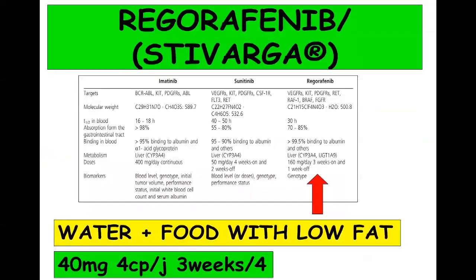And the last drug approved by FDA or EMA is regorafenib, called Stivarga, targeting VEGFR, KIT, PDGFR, RET, RAF1, BRAF, and FGFR. Half-life in blood is 30 hours, with metabolism by the liver.